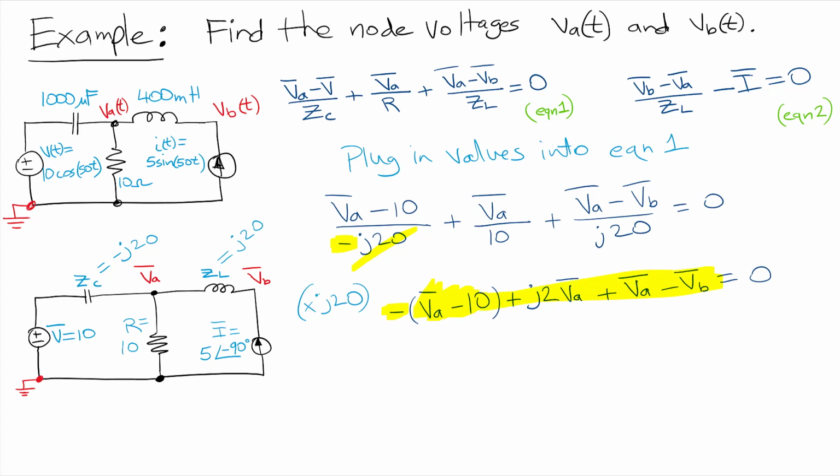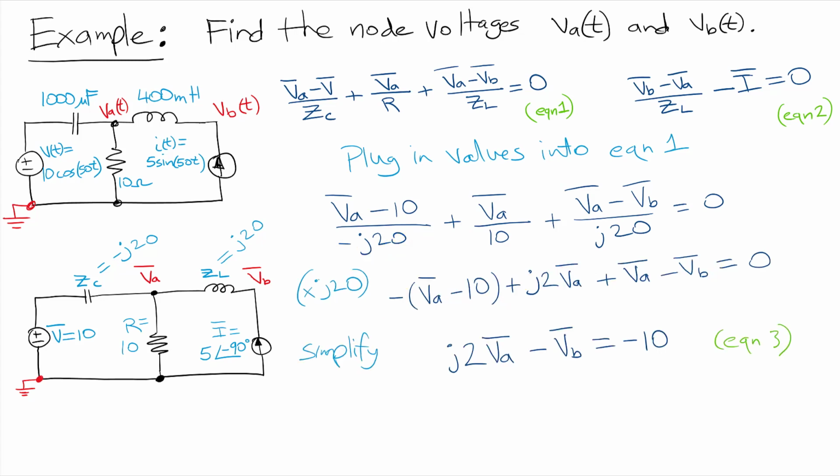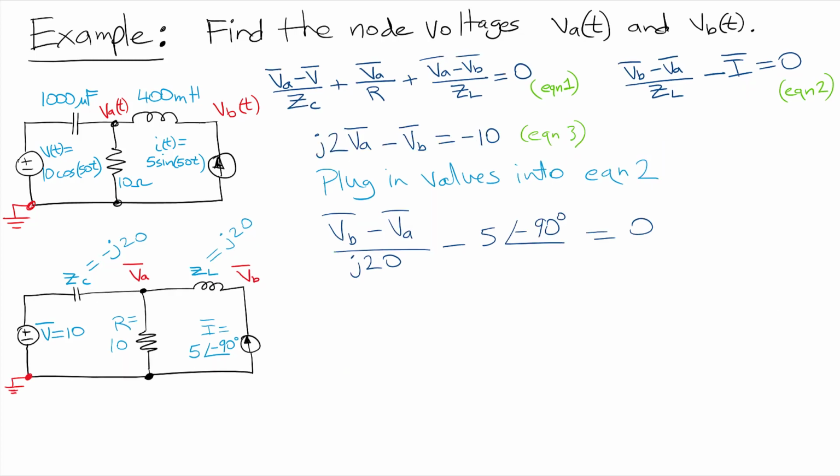We simplify and work it out, and we get j2VA minus VB equal to minus 10. We call that equation 3, an intermediate equation that we put up here so we don't lose track of it.